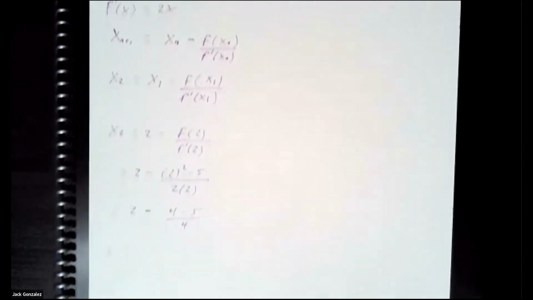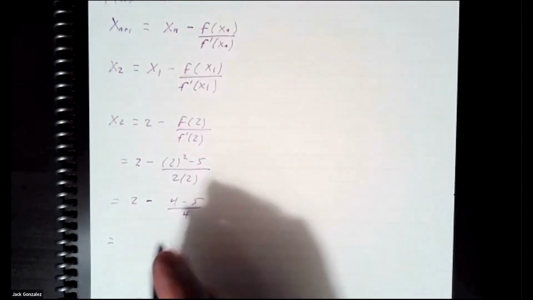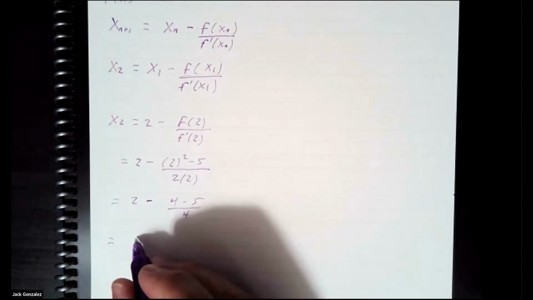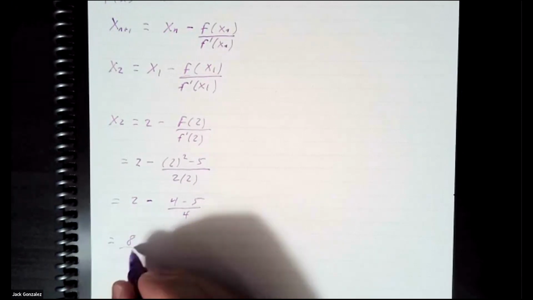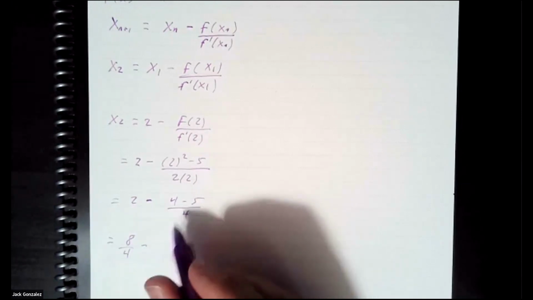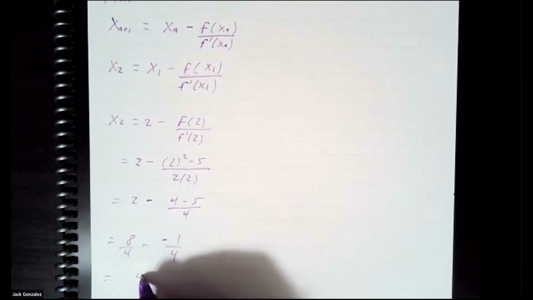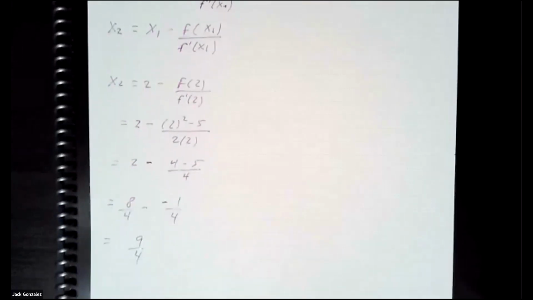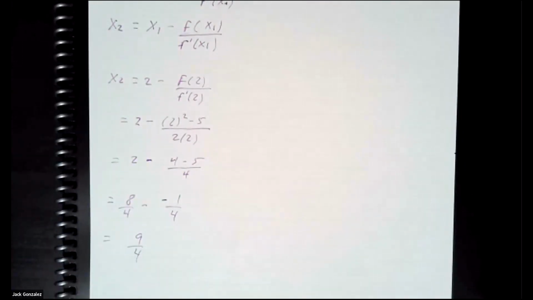Get a common denominator, add these up. This will be 8/4 minus a negative 1 over 4. So 9/4. Right? Yes. Okay, so this is my first iteration.